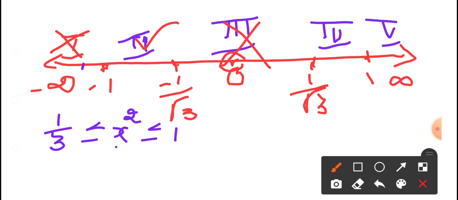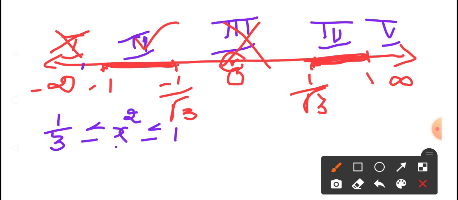Next we take the fourth interval, that is 1/√3 to 1. Here already we selected -1 to -1/√3, whose numerical value was -0.9.